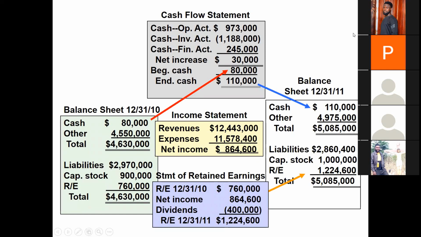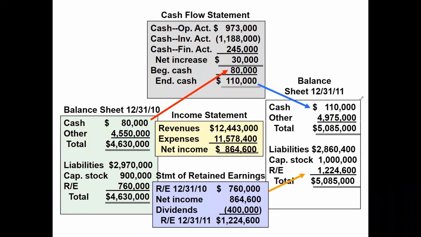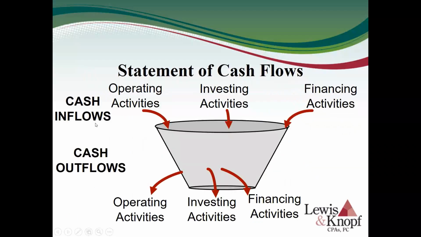Okay. So always the beginning retained earnings, you get it from the other years. It's like accounts. When you close an account, you get the beginning from the previous year. So let's go back. We are far forward.